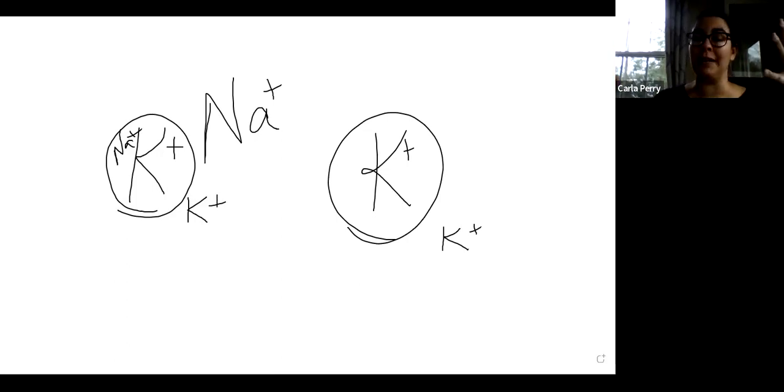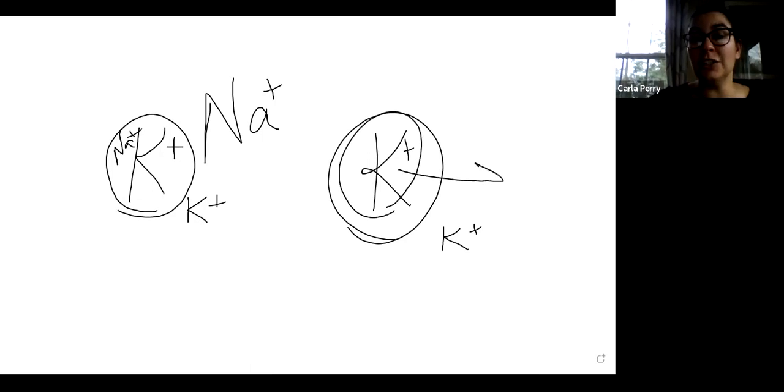If I were to open potassium channels, which way would potassium want to move? Potassium wants to move out of the cell. Potassium wants to go from an area of high concentration to an area of low concentration. So that's the direction that potassium wants to move. It wants to leave the cell.